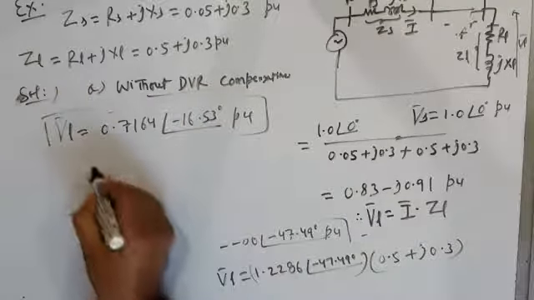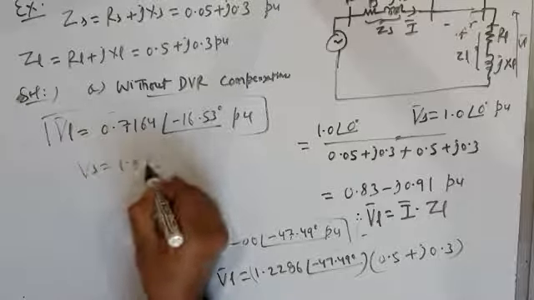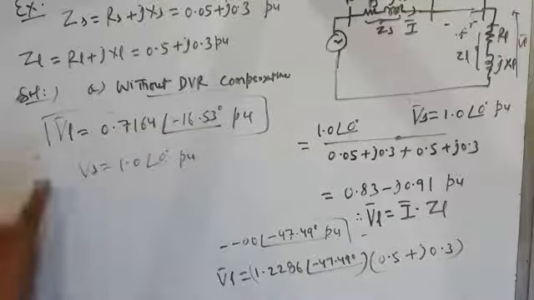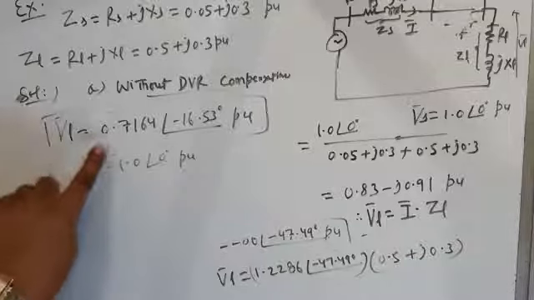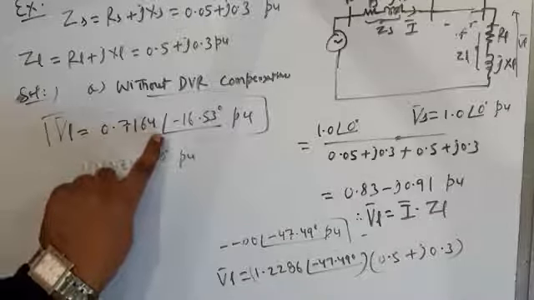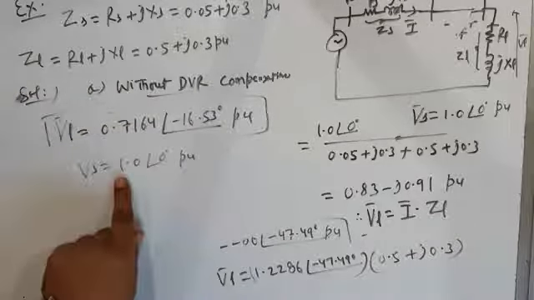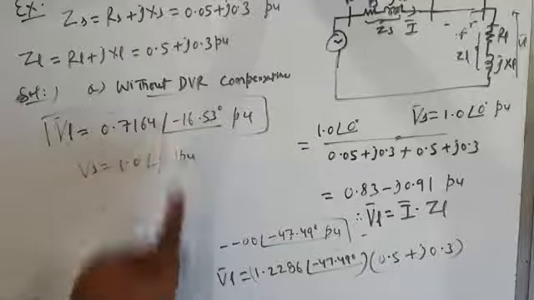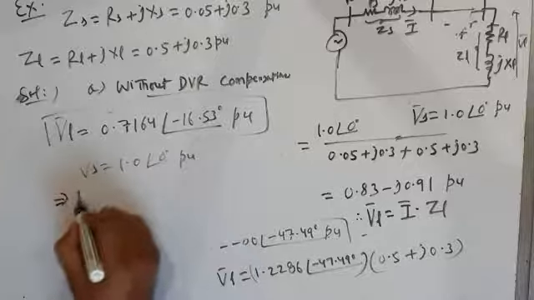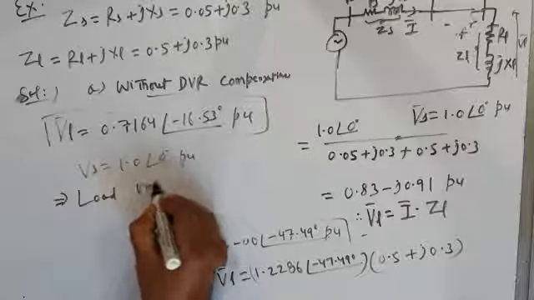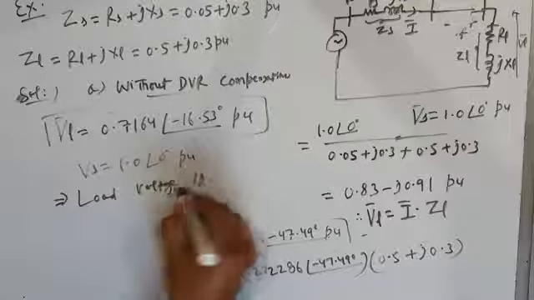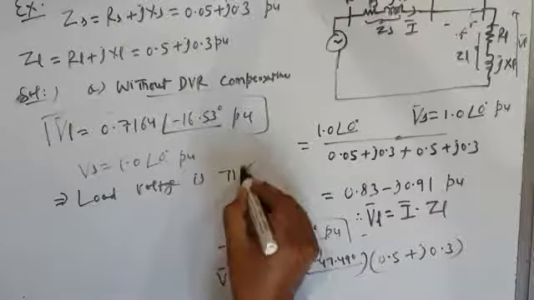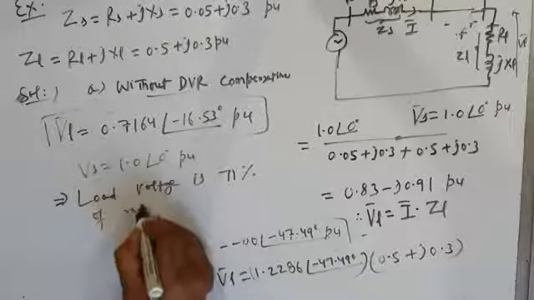So therefore आपकी source voltage कितनी है? 1.0 at an angle of 0 degree per unit. लेकिन आपकी load voltage source voltage के बराबर नहीं है. It is only 71.64% of source voltage. So I can say that load voltage is approximately 71% of rated value.